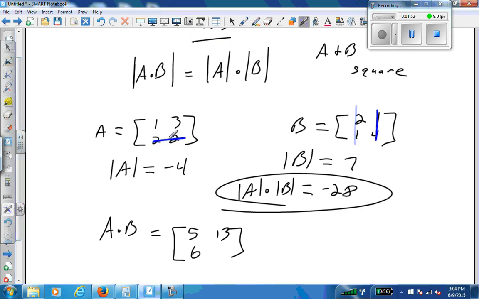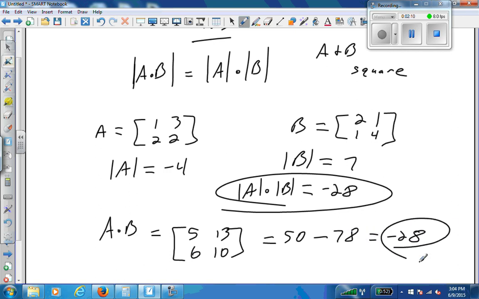Row 2, column 2 is 2 plus 8. So if we calculate this determinant, it's 50 minus 78, which is indeed -28. So that might come out to be useful.